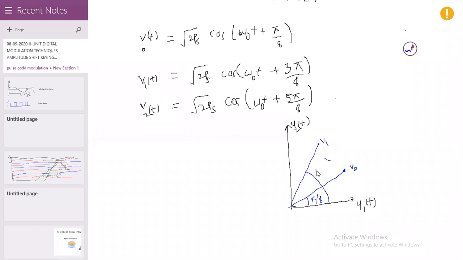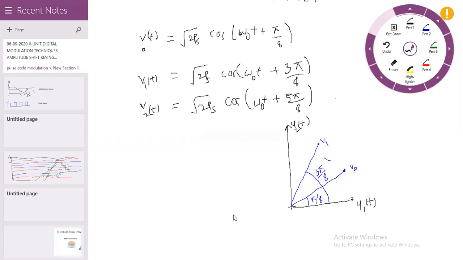That angle is 3 pi by 8. What is the value? 3 pi by 8. Please respond, 67.5 ma'am. Next, where does V2 come? V2 means 5 pi by 8. Which quadrant does it come in? Second quadrant ma'am. What is the angle? 112 ma'am. Okay, I will draw it in parallel.